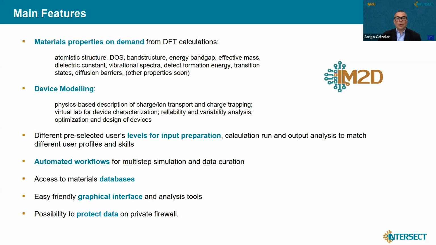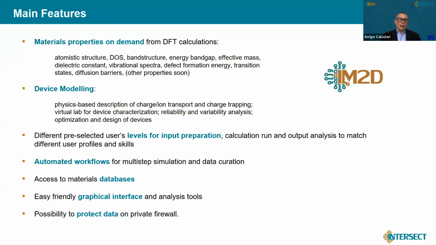Others are more advanced, like the formation energy of defects and the transition state barrier of defects. We also have many possible characteristics that can be investigated on the device side, not only about the structure or the type of the device, but also the type of characterization you can get, including the reliability and variability analysis, and the optimization and design of the device itself.